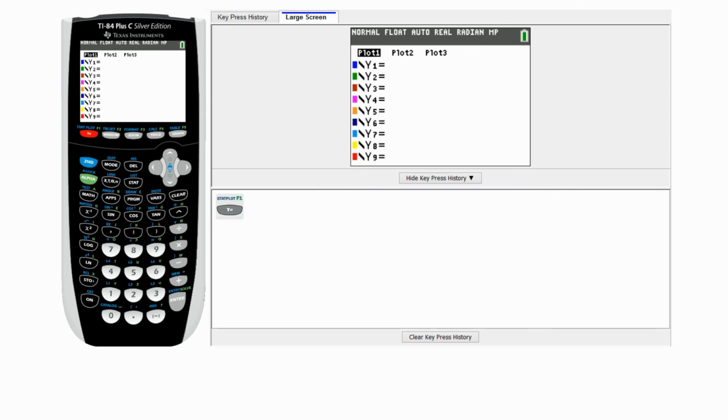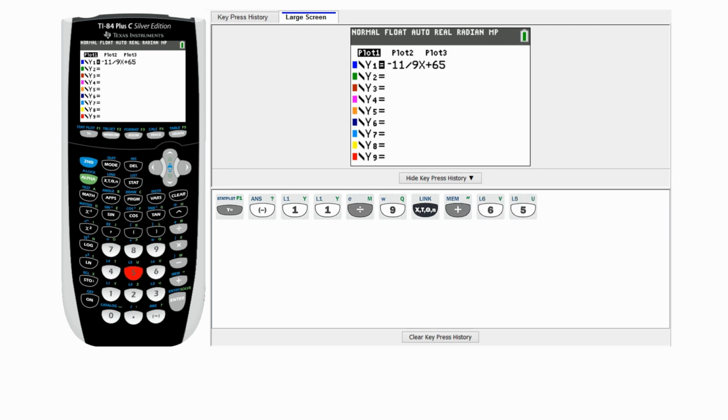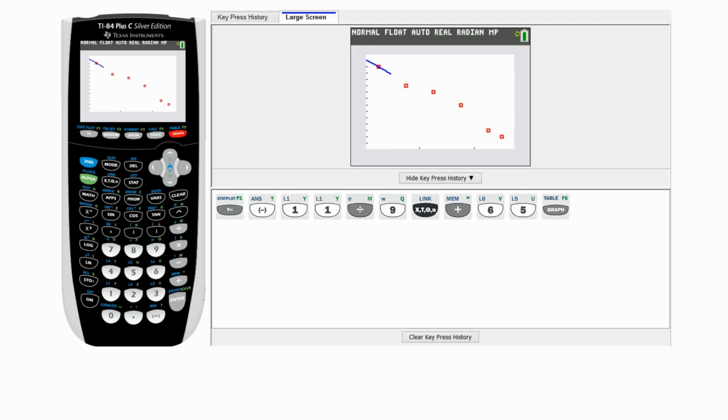Type in our line at Y1, negative 11 divided by 9, X plus 65. Press graph. Our line does go through the first point and the last point, and it appears to be the line of best fit for our data.